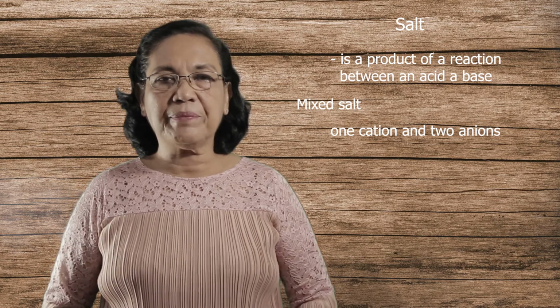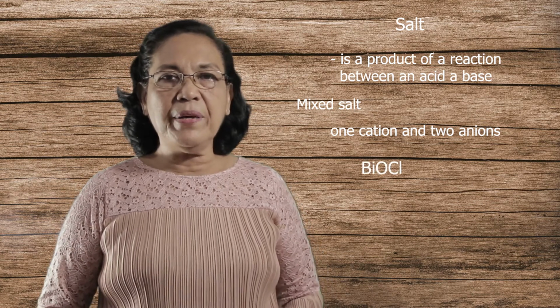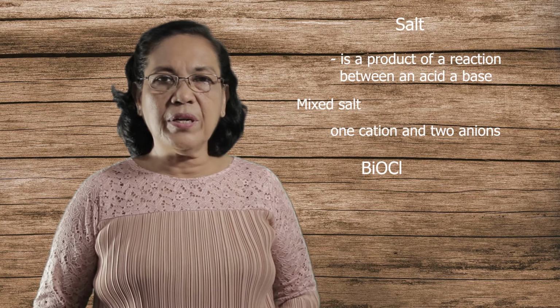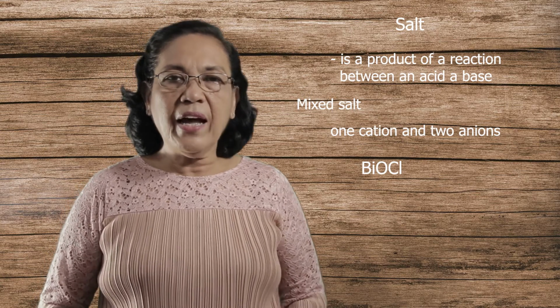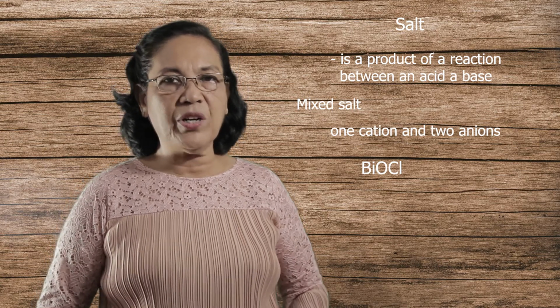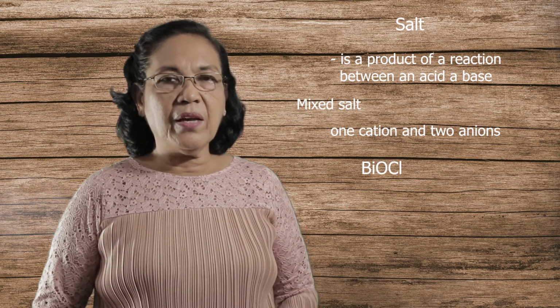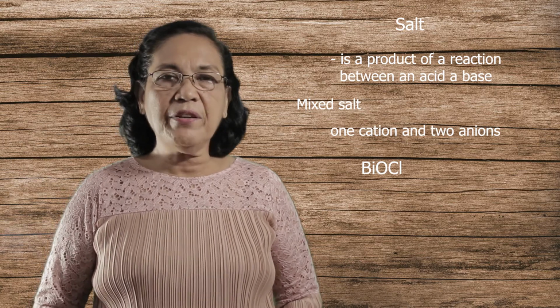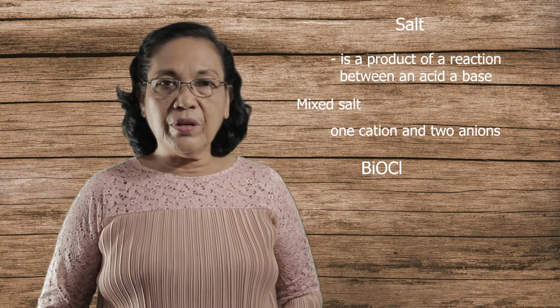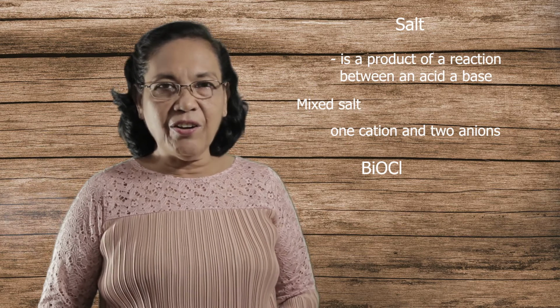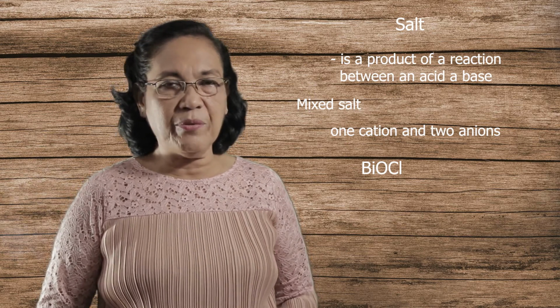For example, in the case of BiOCl, Bi here is bismuth with a charge of +3. O is the oxide with a charge -2, while Cl is the chloride ion with a charge -1.